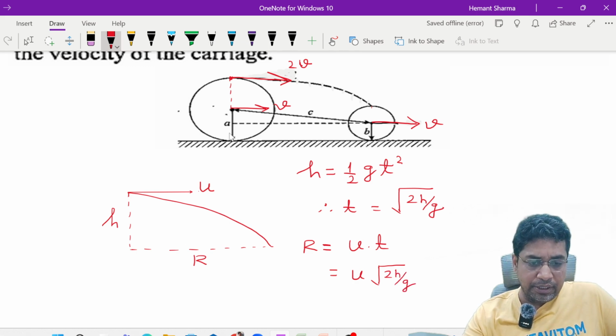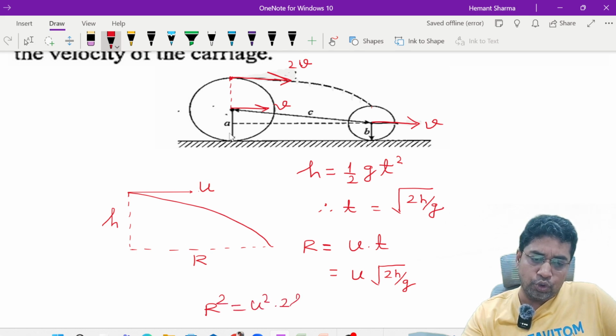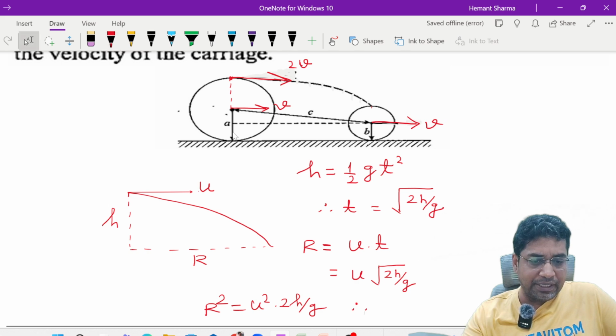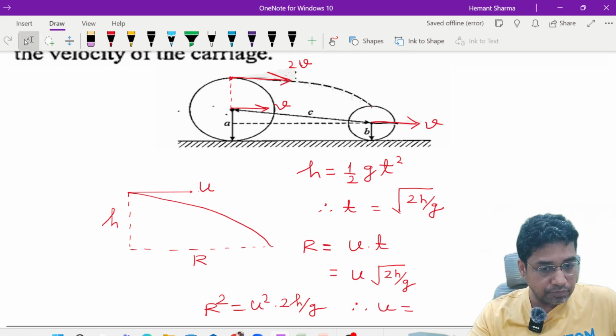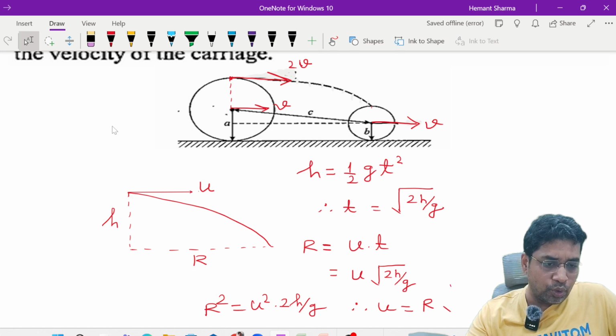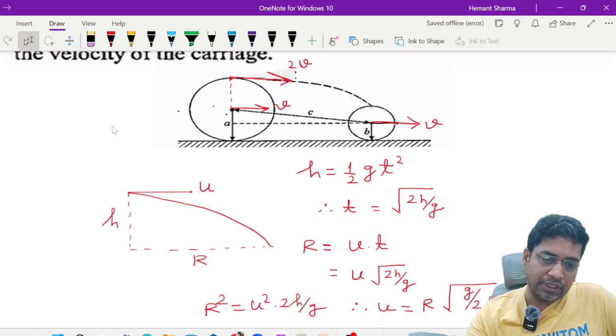If we square both sides, then we will get R square is equal to u square into 2h upon g. So finally this u is equal to R into under root g upon 2h.